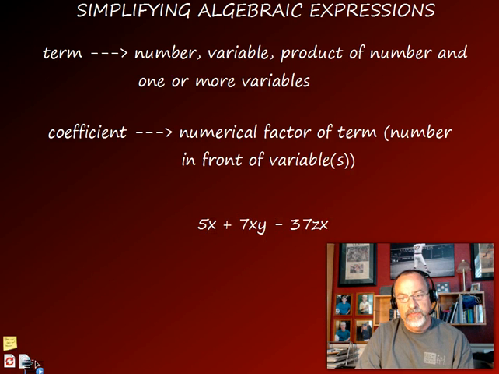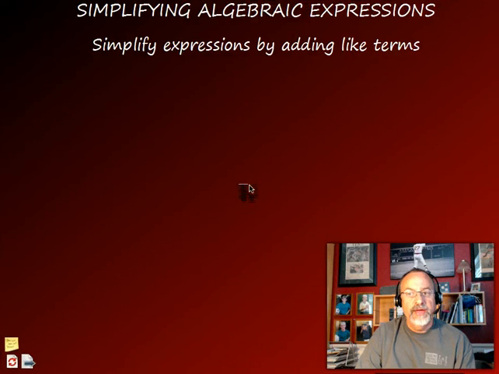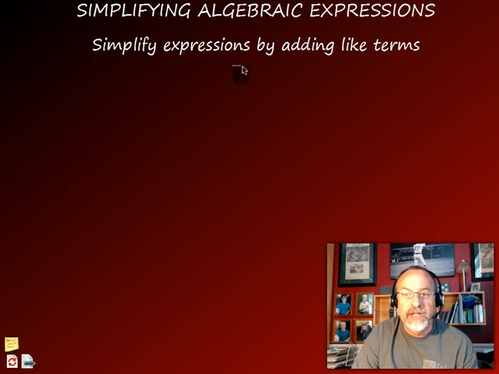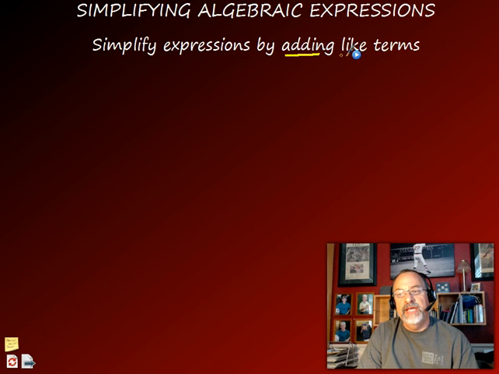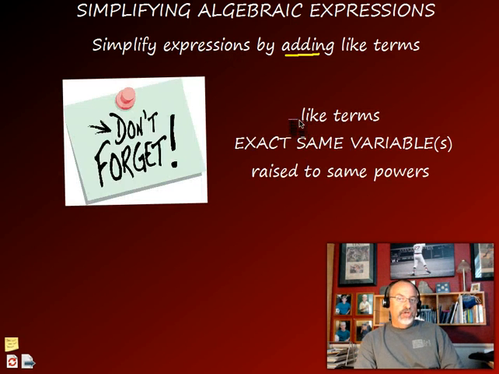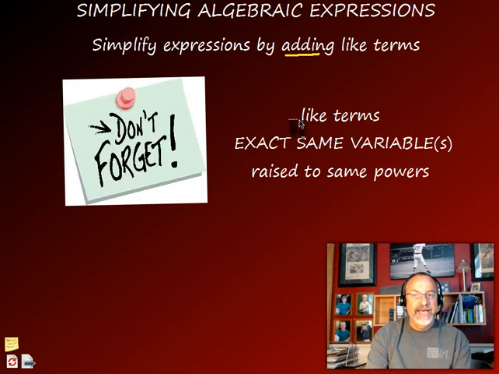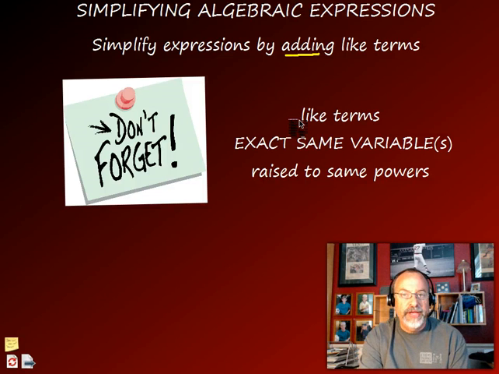So now what does it mean to simplify? Simplifying means you just add the like terms. Well, that means we have to remember what are like terms. Like terms are any terms where you have the exact same variables raised to the exact same powers. Everything has to be the same.